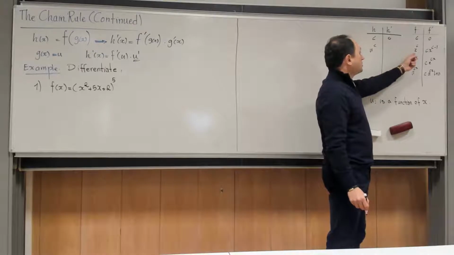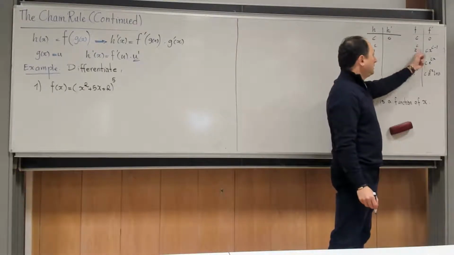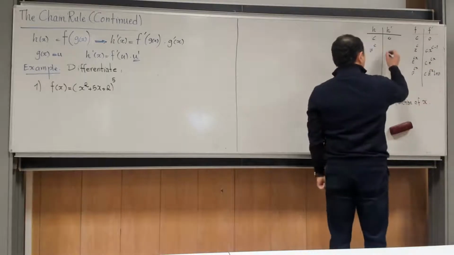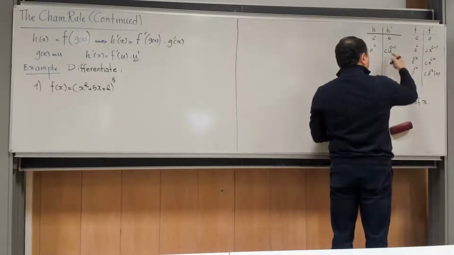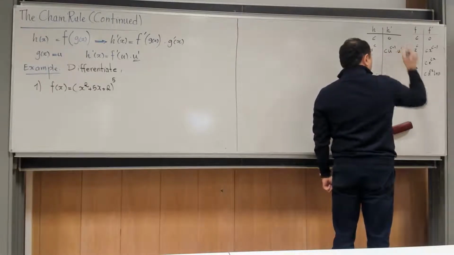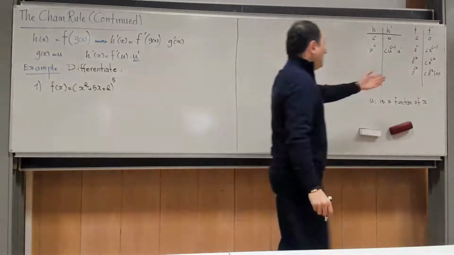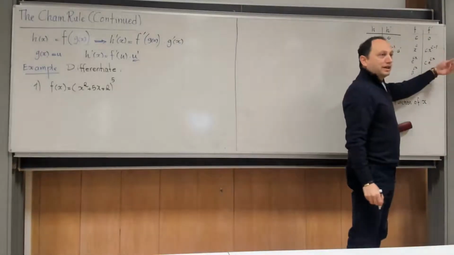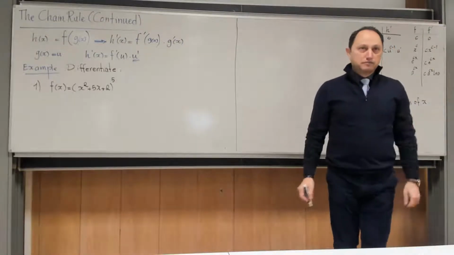If you want to write a chain rule version of that, u to the power c is comparable with that one. You use exactly the same rule, so it becomes c u to the power c minus 1. But now that u is a function of x itself, you need to remember to multiply by an extra u prime. And actually, here you are also multiplying by an extra x prime, but x prime is always 1. This is why you don't see it. Yes?